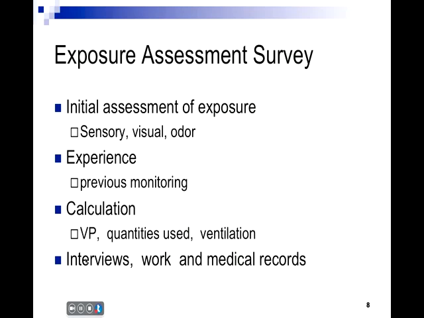And knowing some of the properties, like the vapor pressure of the chemical, how volatile it can be, the quantities that are going to be used, what ventilation is present, you can sit at your desk and come up with a pretty good estimate on what would be the worst case scenario, or the maximum levels of chemicals that could potentially be there. And if they're well below a permissible exposure limit or a recommendation, they may not be a chemical that you necessarily need to focus a lot of attention on.